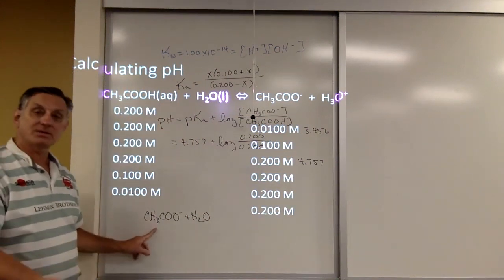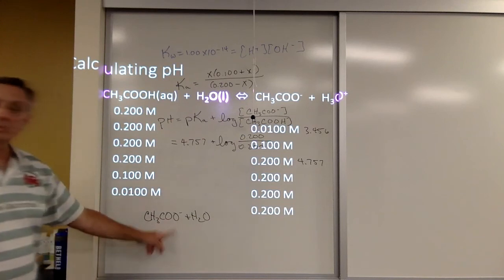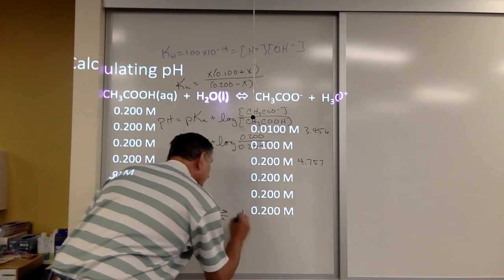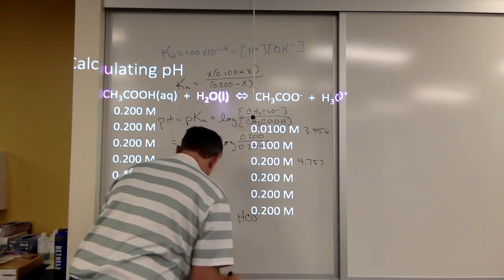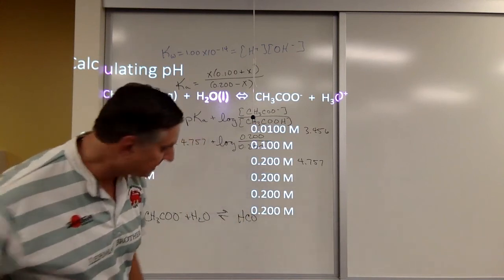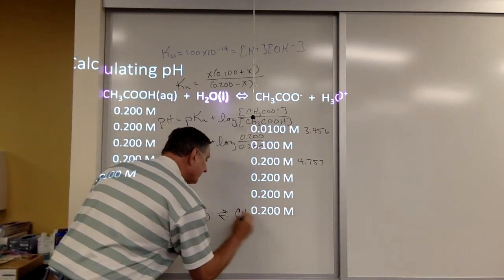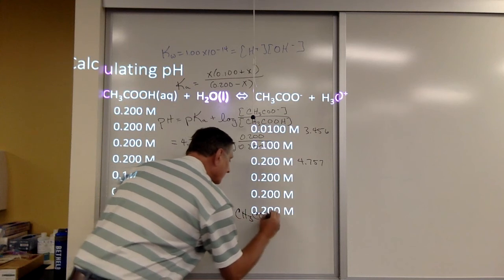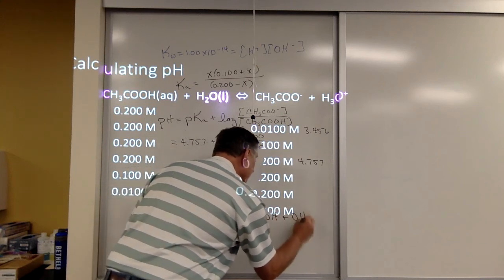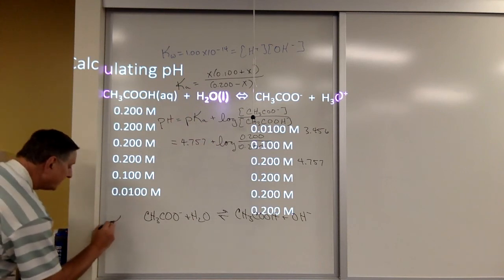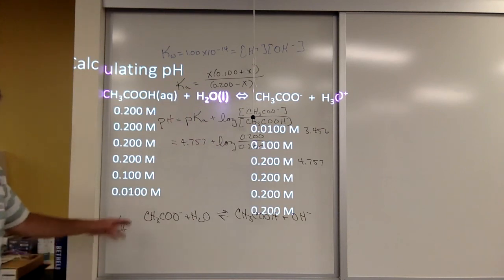Here, it's the conjugate base in water. This is a weak base problem. Yes, of course, CH3COO minus. And this is a Kb, describing the Kb of acetate.